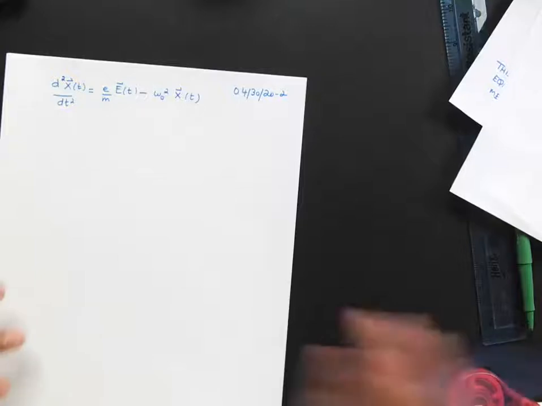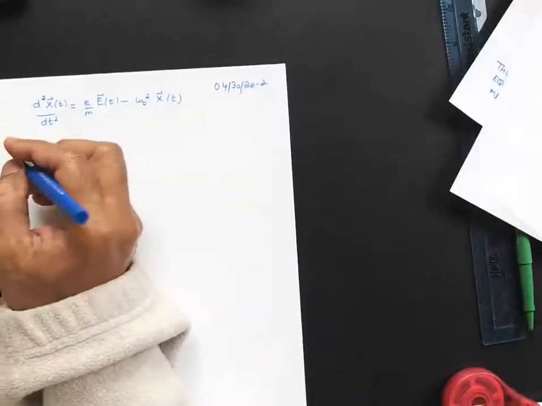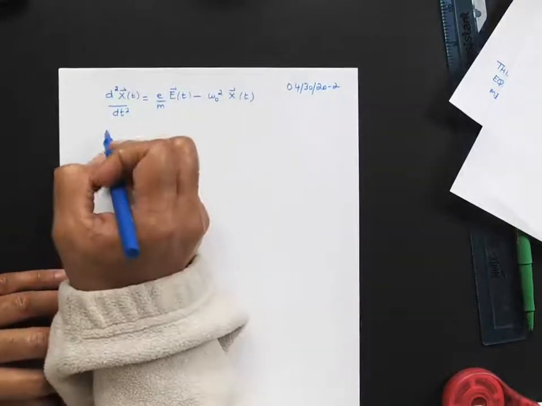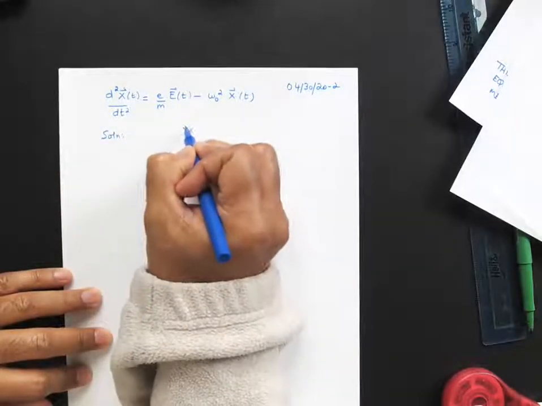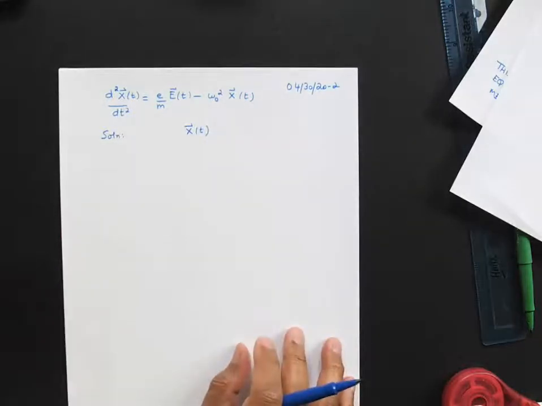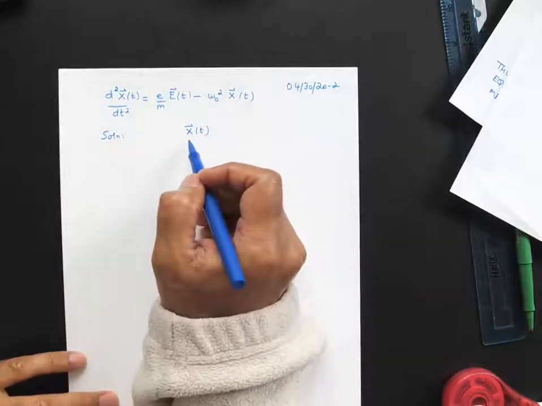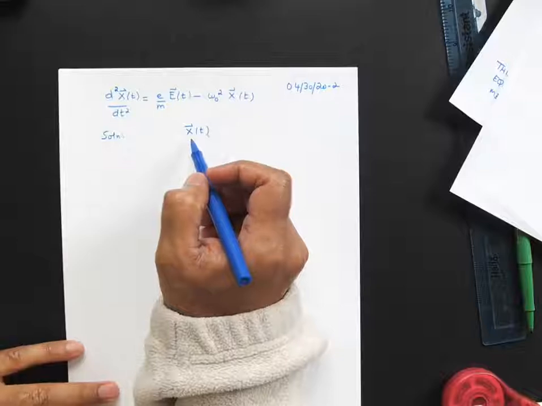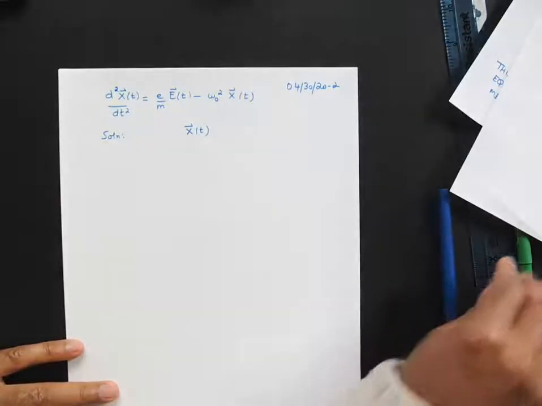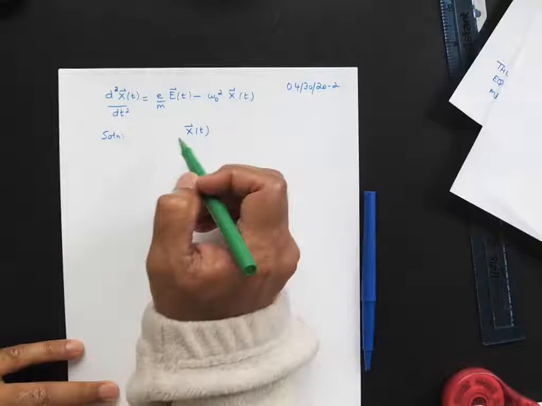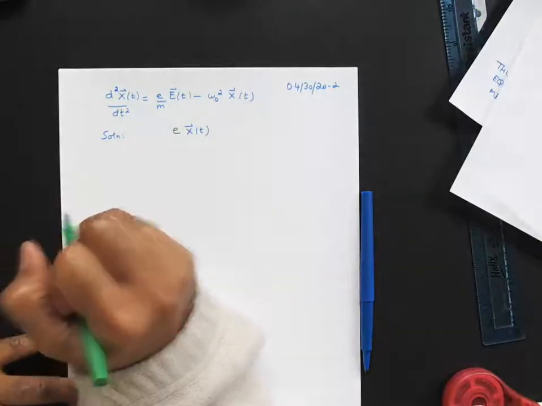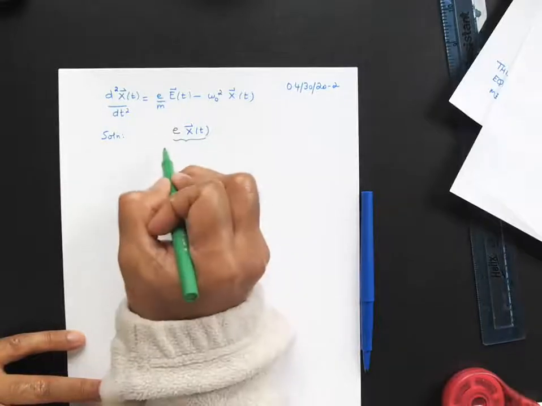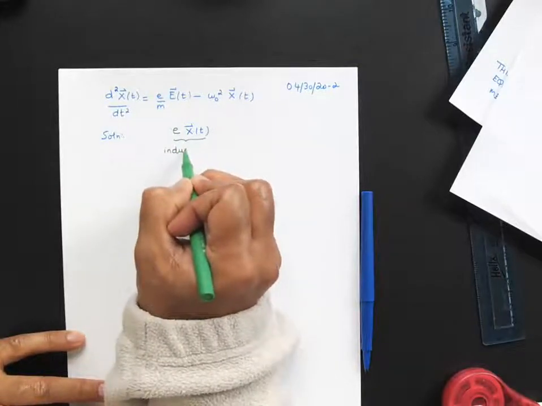Okay, and we're going to solve this, and when you solve, you will find the solution will be x. Now remember, this is the displacement away from the equilibrium position. If I multiply this by the electron charge e, then what you get is the induced dipole moment.